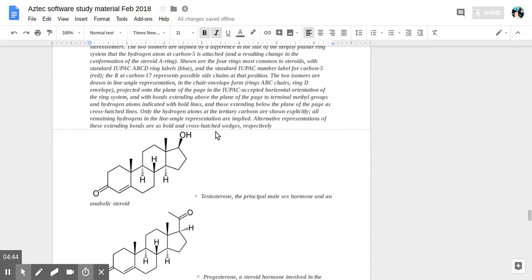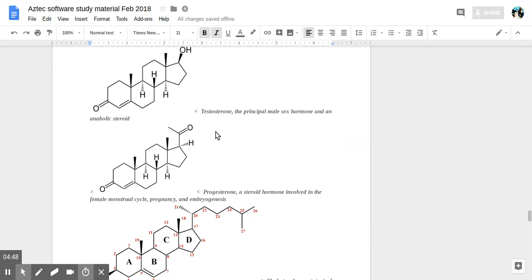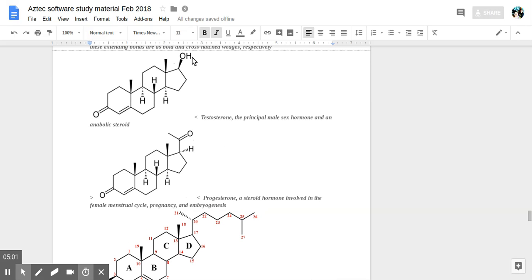So this is an example of a steroid called testosterone, which is the principal male sex hormone, and it's an anabolic steroid. Its side chain is the hydroxy group, OH.